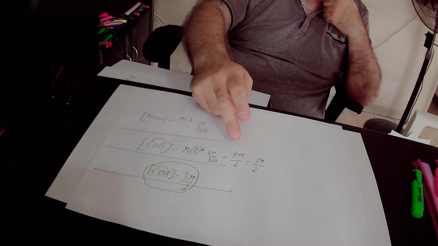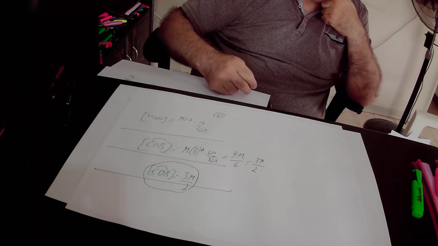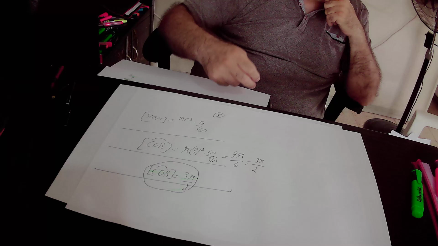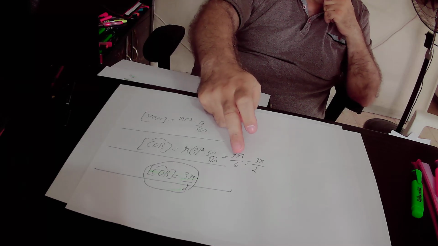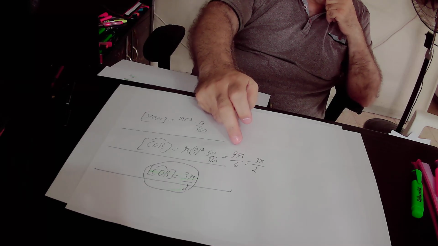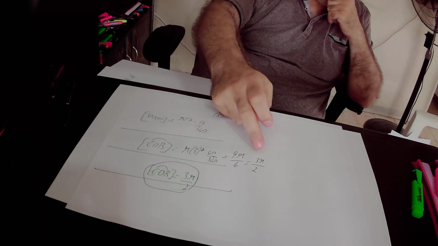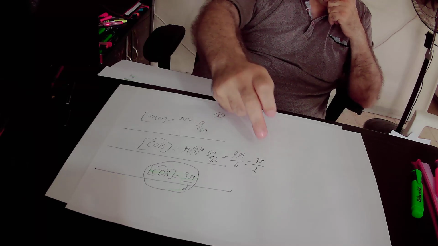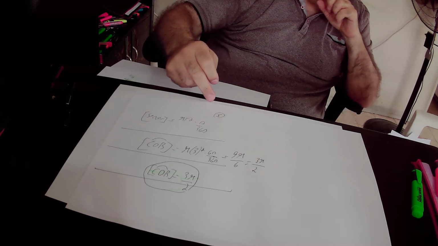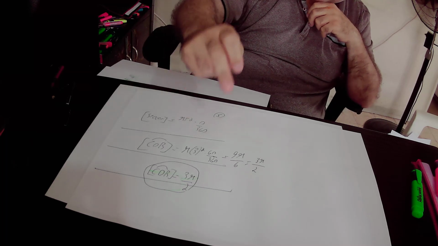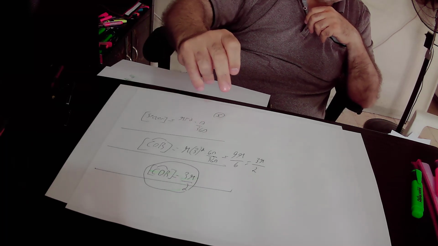So this expression in total equals 9 pi over 6. We divided both the numerator and the denominator by 3: 9 over 3 is 3, so the numerator is 3 pi, and 6 over 3 is 2. In conclusion, the area of sector COB equals 3 pi over 2 square units.